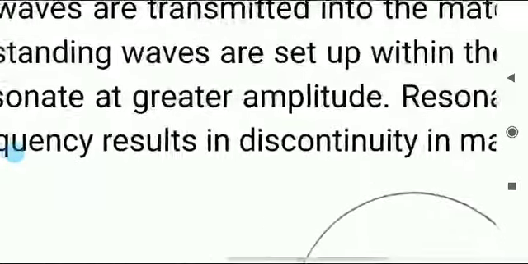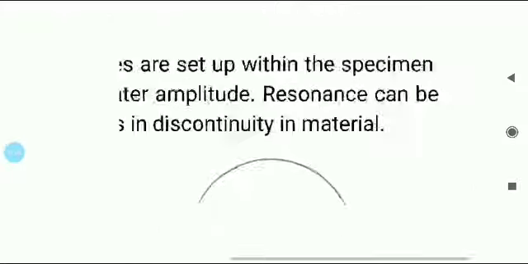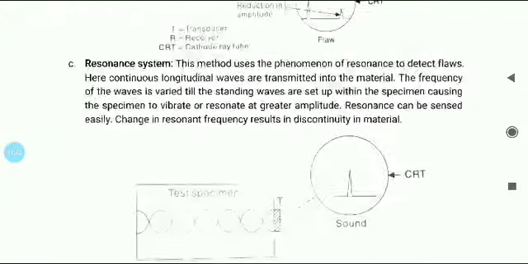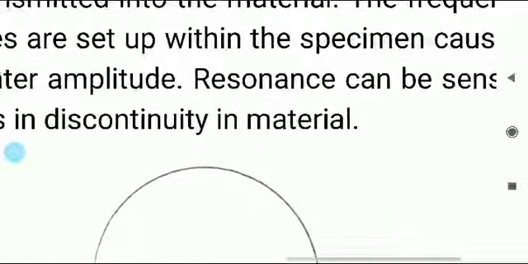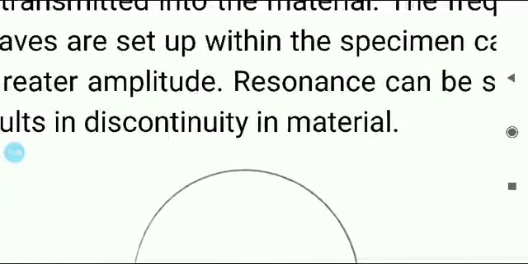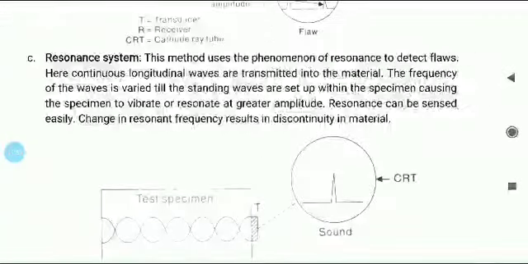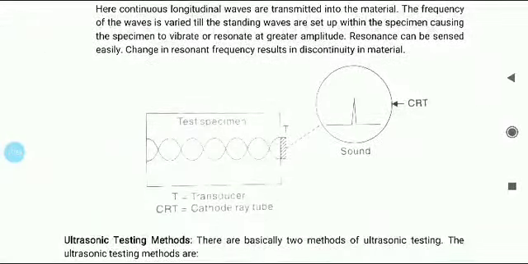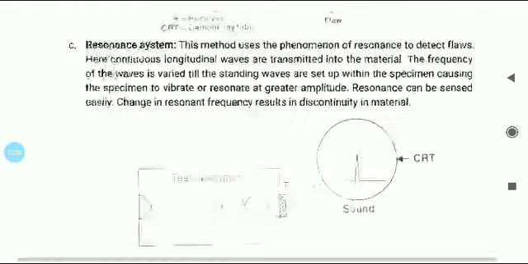Now the resonant frequency is studied. If there is any change in resonant frequency, there is a discontinuity in the material. That is how this is studied. So this method is called the pulse resonance system.